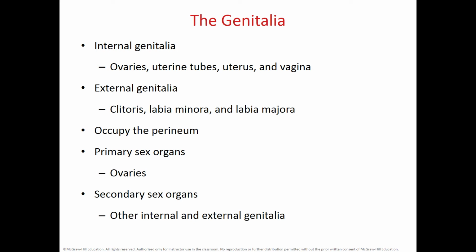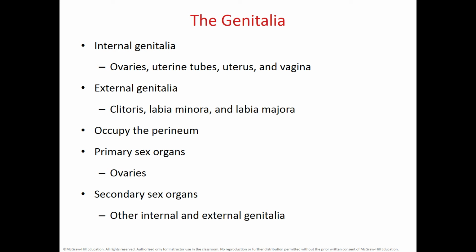The female reproductive tract consists of internal genitalia like the ovaries, the uterine tubes, the uterus, and the vagina. External genitalia will be the clitoris, labia minora, and labia majora that are on the sides of an area called the vestibule, and they are located in the region called the perineum.